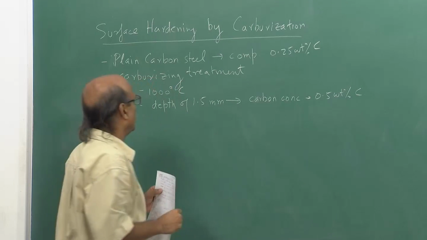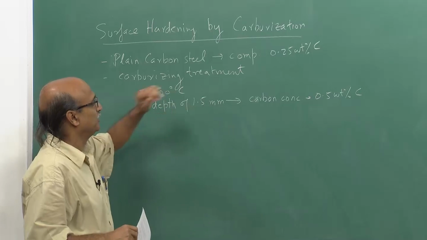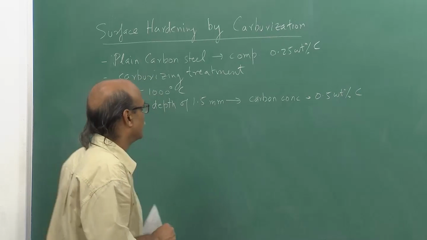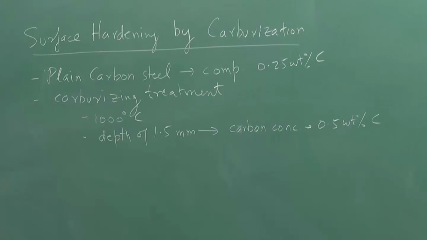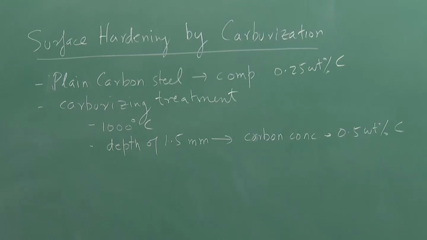So, what we want to do is that at a depth of 1.5 millimeters, we want to double the carbon concentration from 0.25 to 0.5 weight percent.